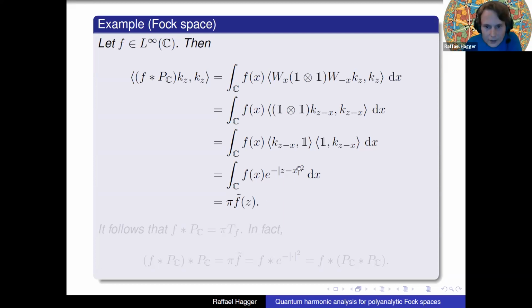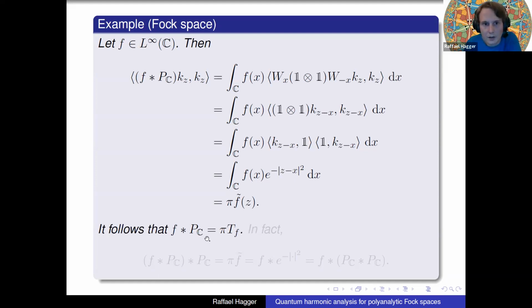And you see this here is exactly the Berezin transform of F, or the heat transform if you want. So it's the convolution of F with the heat kernel, except for this pi. So this tells you the Berezin transform of this operator is the Berezin transform of F, or in other words, the Berezin transform of the Toeplitz operator with symbol F. So this really is a Toeplitz operator.